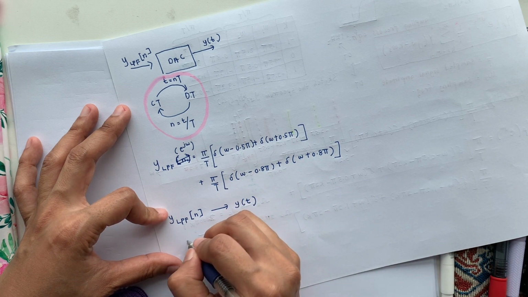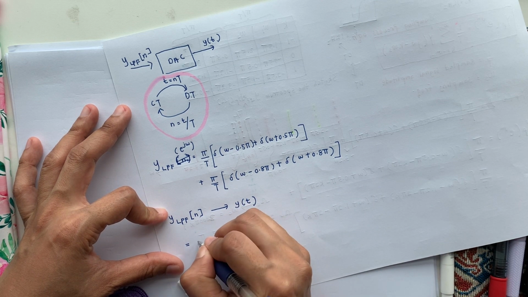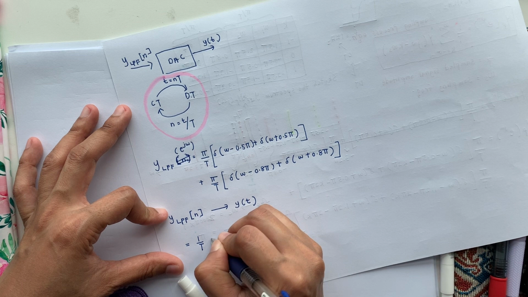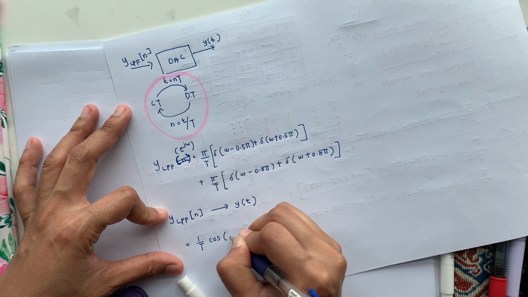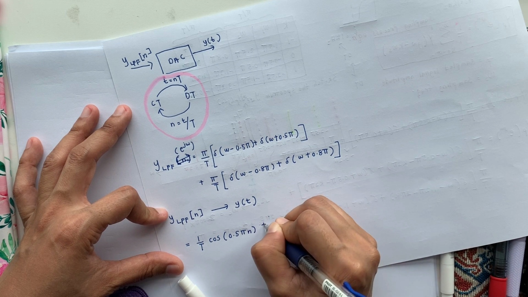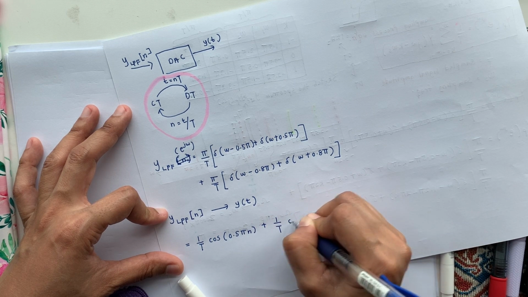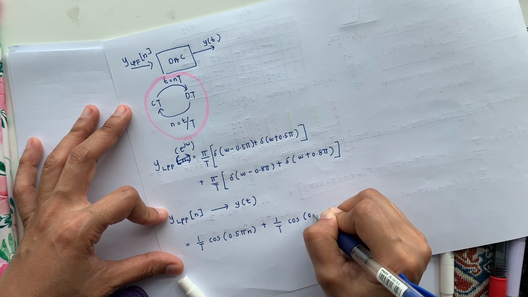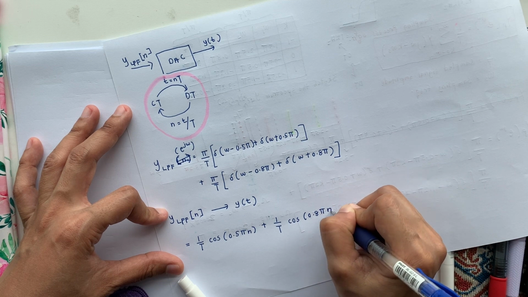This one will become 1 over T cos 0.5 pi n plus 1 over T cos 0.8 pi n.